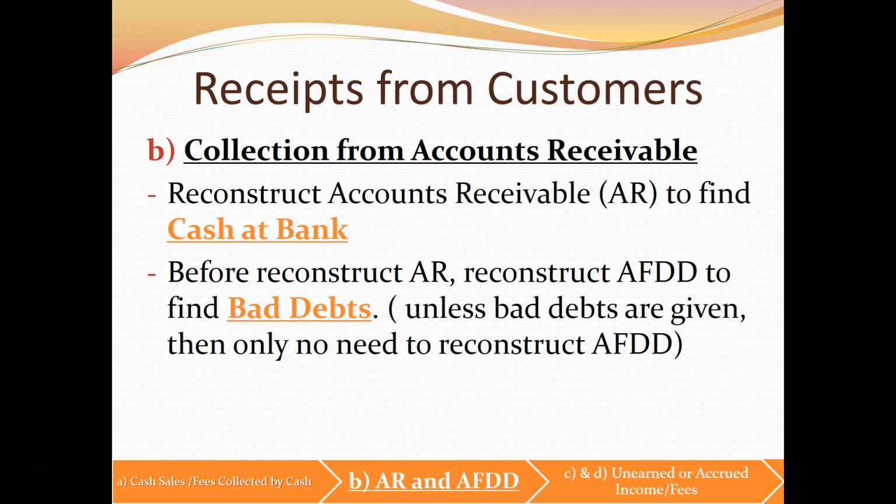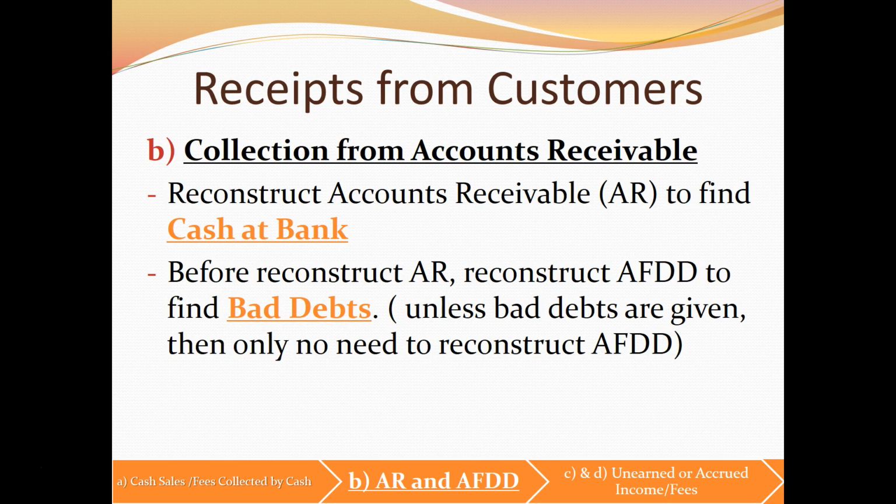One in the statement of financial position as the balance carried down, as well as the balance brought down, as the opening balance and the closing balance. And we find the information of the sales by credit in SOCI.